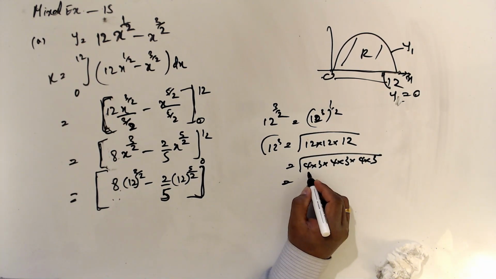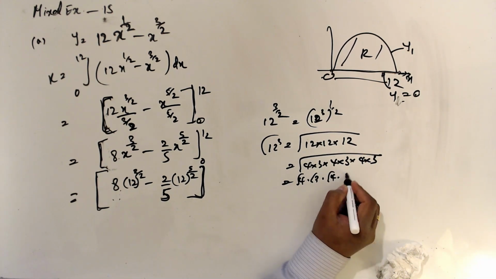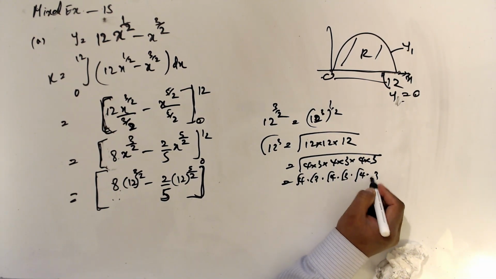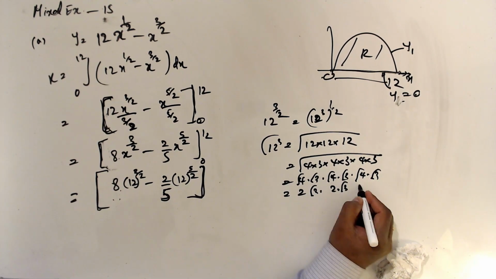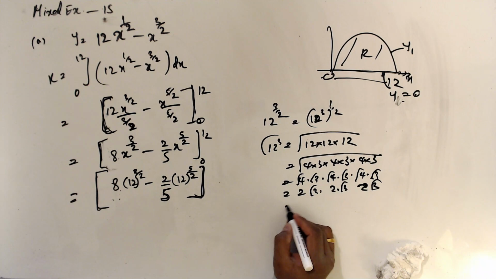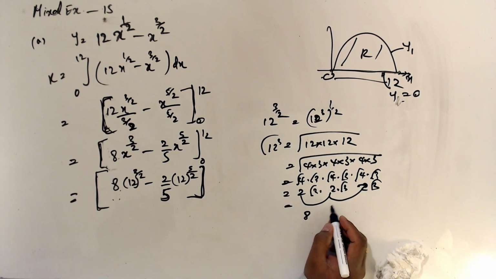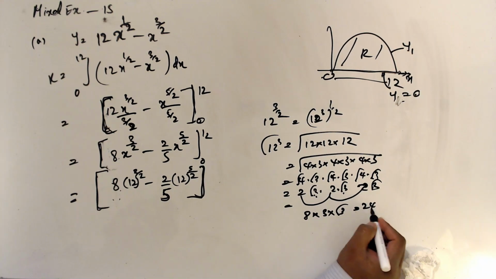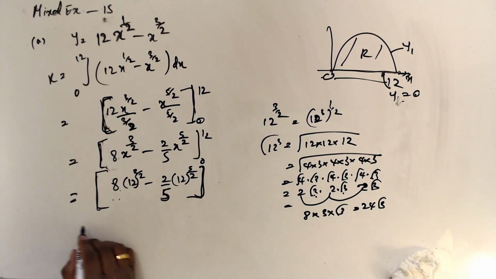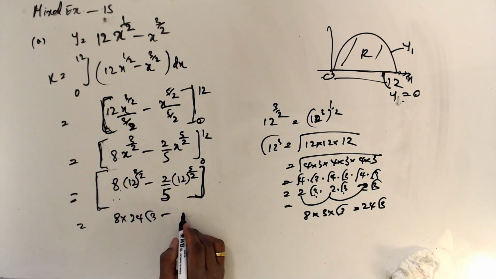So this becomes square root of 4, square root of 3, and so on. So 2 square root 3, 2 square root 3, 2 square root 3. So 2 times 2 times 2 is 8, square root 3 times 3 is 3, and then another square root 3. So 24 square root 3. So 8 times 24 square root 3.